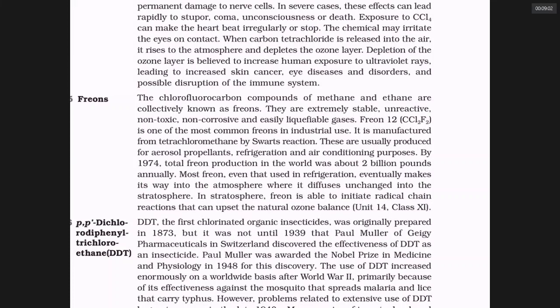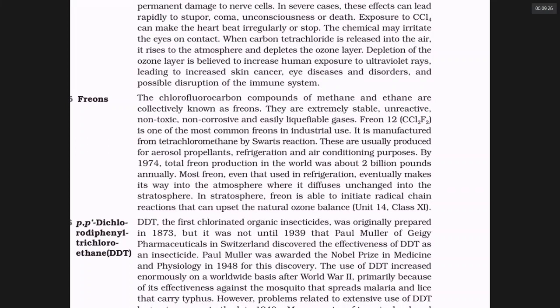So this is the way generally freons are named. You can check on the internet if you are interested in the nomenclature of freons, but that is out of syllabus, because freons themselves are to be banned. Freons are fluorochlorocarbons which are supposed to be non-poisonous, non-toxic, but they are supposed to cause ozone layer depletion, so they are not in use.